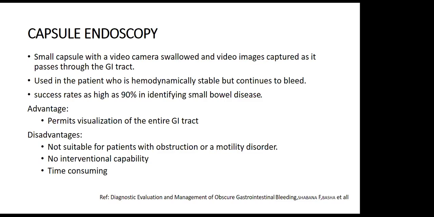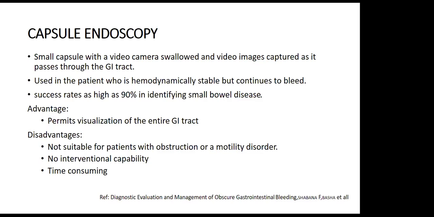And nowadays, I think this guy forgot to mention, CT is available very freely, and contrast enhanced CT, or CT angiography, is a better investigation, especially in overt GI bleeds, because it will tell you where the bleeding is, and then you can concentrate on that area.